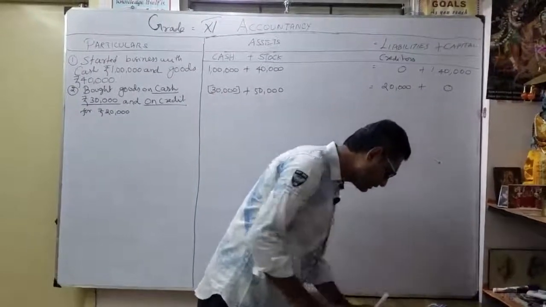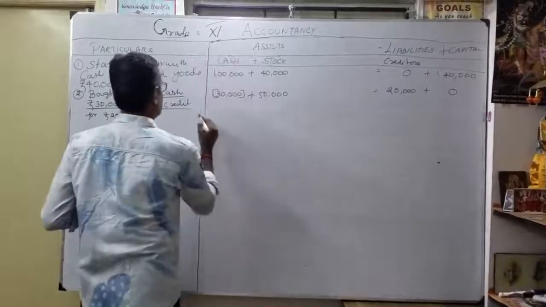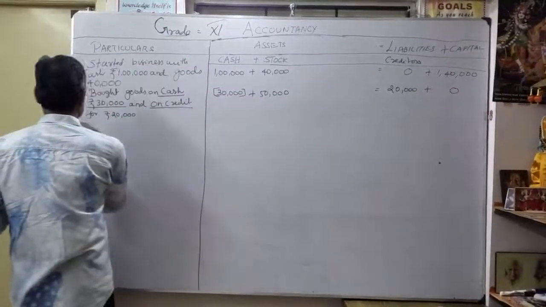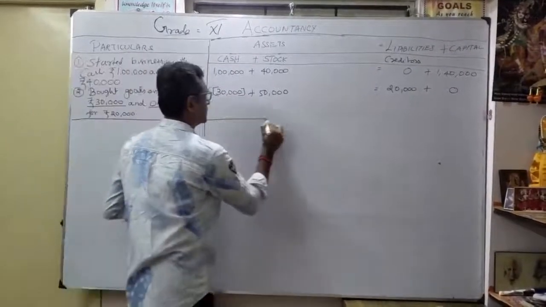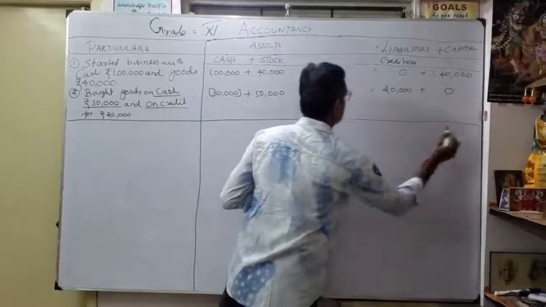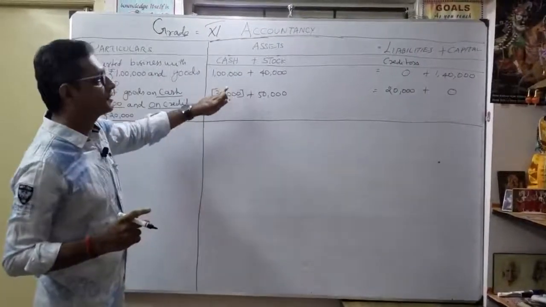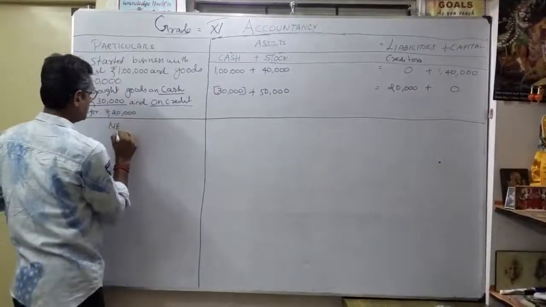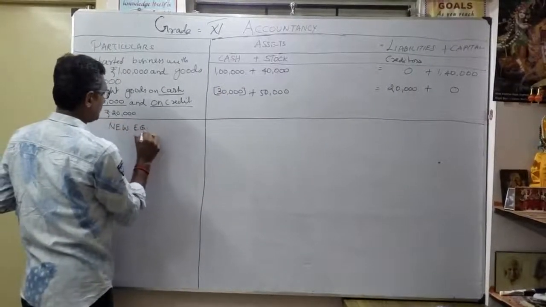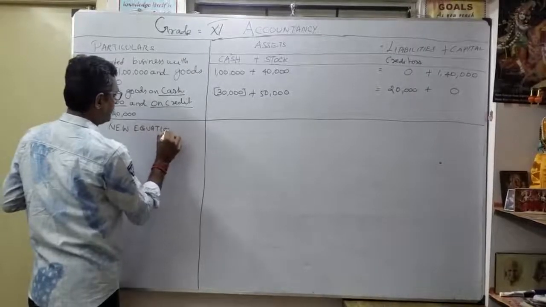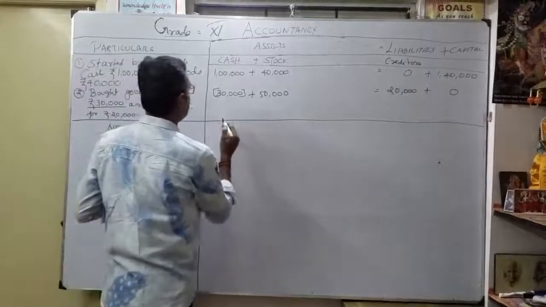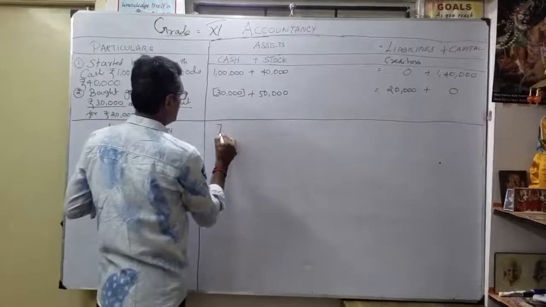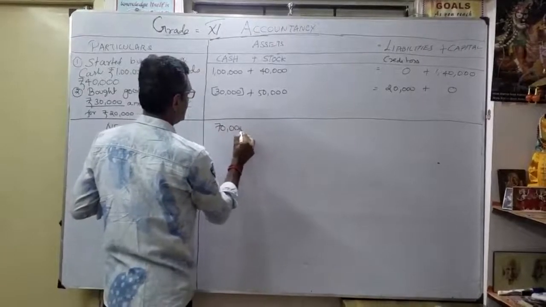Now you will see the final equation. Here we are going to see the new equation, after the first transaction and the second transaction. See, 1,40,000 becomes how much? My cash is reduced, now 70,000.